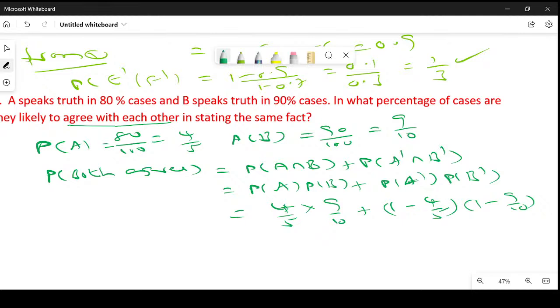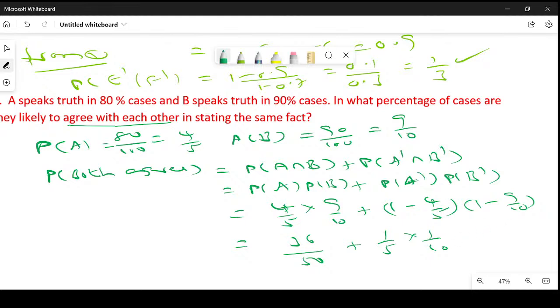You can simplify this. It gives the required answer. You can check this one. The first term will come to 36 by 50. For this one, 1 minus 4 by 5 is 1 by 5, into 1 by 10, which is 1 by 50.